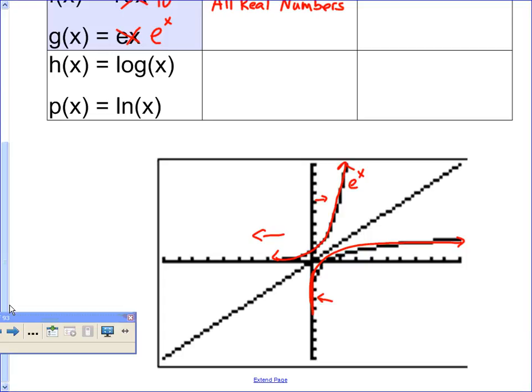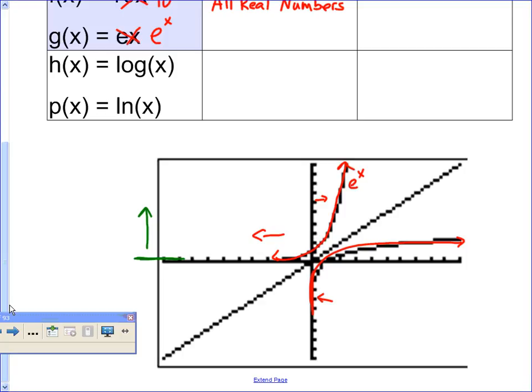Now, when we look at the range, what is the range going to be? Well, it looks like our range starts maybe here and then goes up. Okay, it never goes below the x-axis. So in that case, the range is going to be all positive reals. To get a better idea, you could also look at the table, and you'll notice that your y value never touches 0, it just gets really, really close to 0.